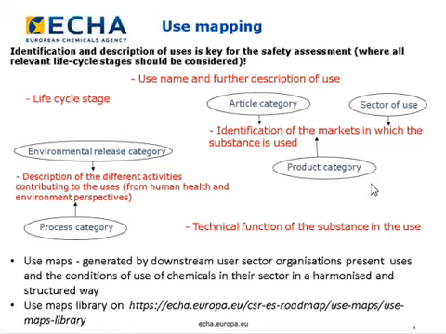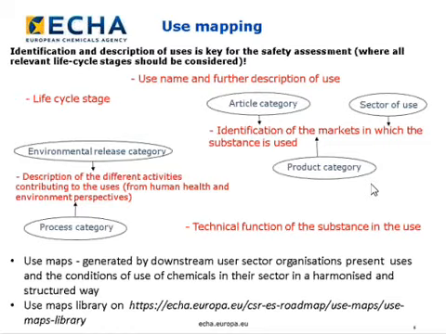The input parameters for their exposure assessments, for human health and also the environment, would be harmonized, and they could reflect the real use of the substance within those sectors.